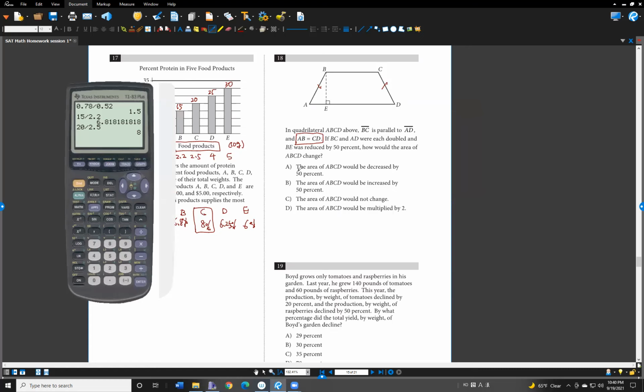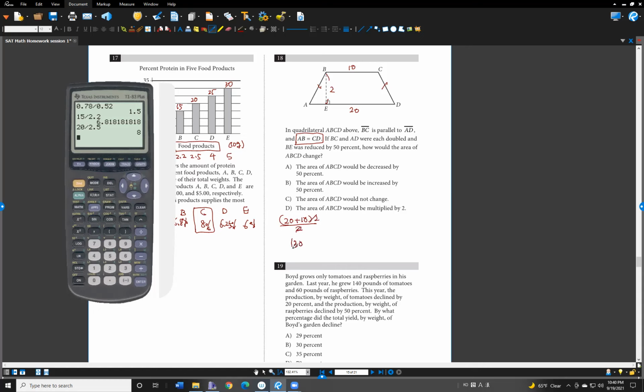So in this case, better use plug-in numbers. Just simple. 10, this is 20, height is, you're gonna use 2, okay, use 2, doesn't matter. What is the area of this one? Upper base plus base times height divided by 2, this is how much?